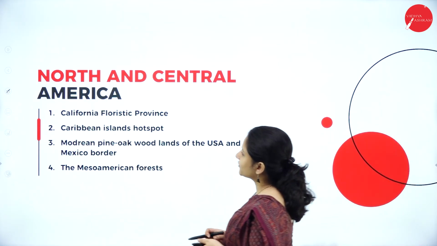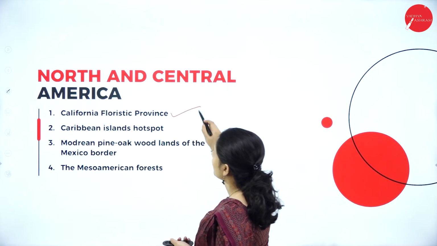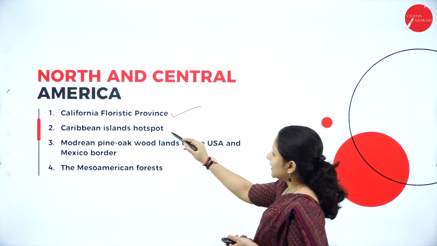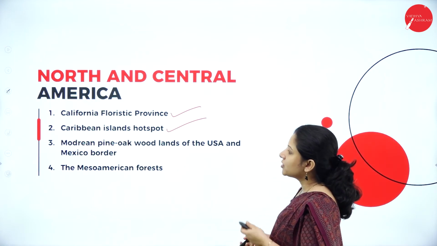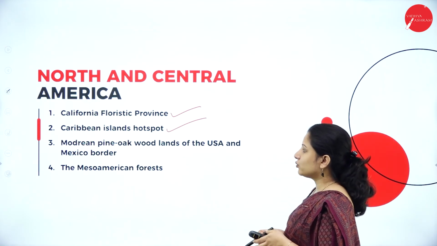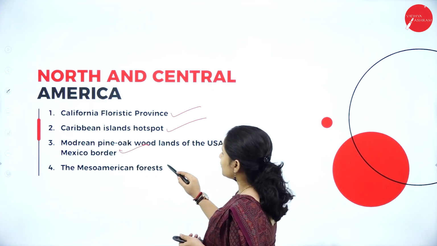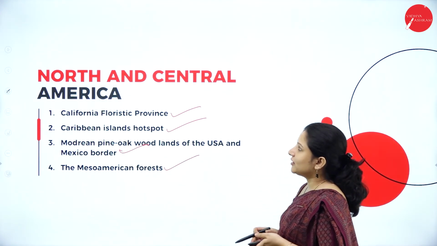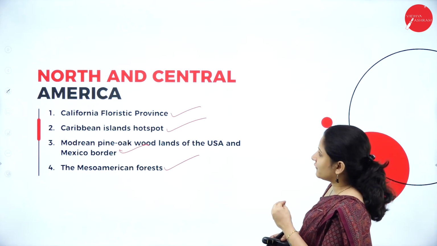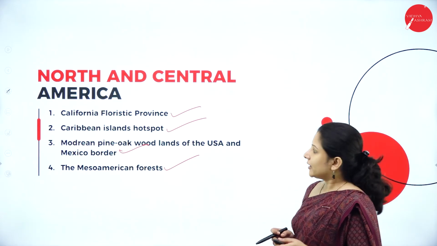So, in North and Central America, there is California Floristic Province, Caribbean Island hotspot, Madrean pine-oak woodlands of the USA and Mexico border, then the Mesoamerican forest. So, these are the biodiversity hotspots which are found in North and Central America.